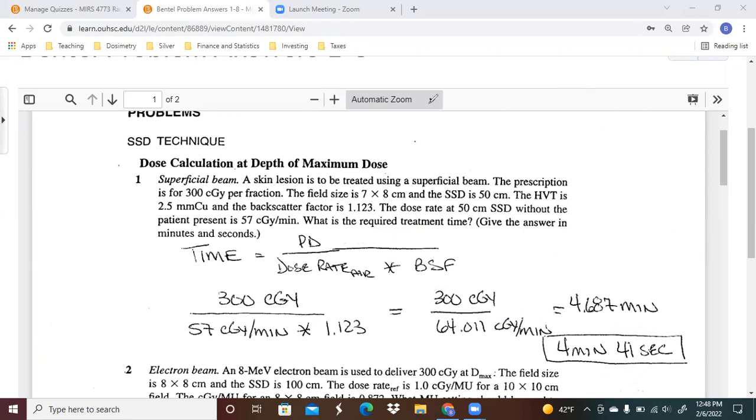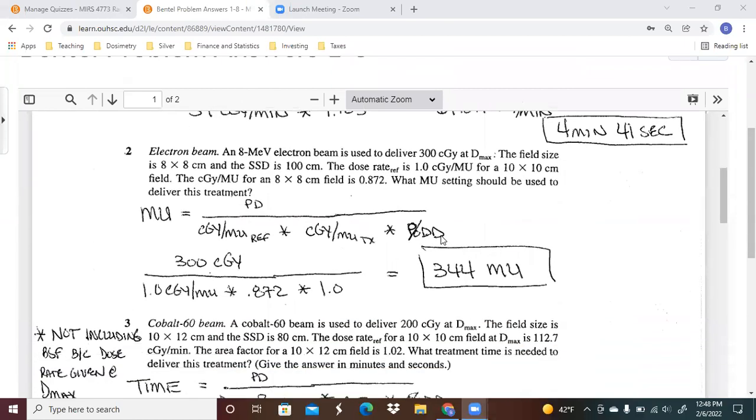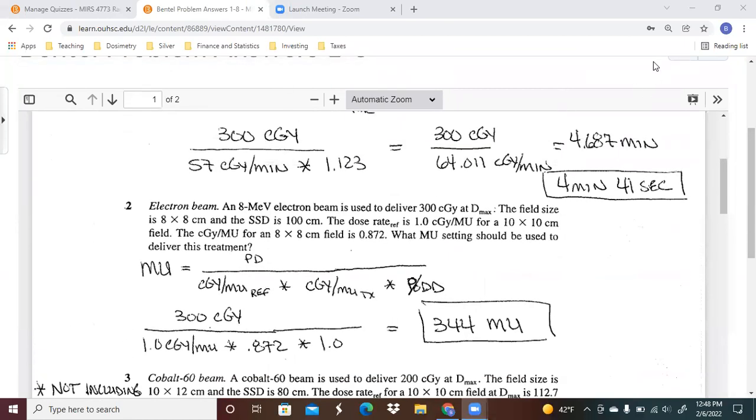Now let's go down to the electron beam and work through this one. We've got an 8 MeV electron beam, which I don't know if anybody ever actually uses an 8 anymore. I've heard of 6s and 9s, but not an 8. An 8 MeV electron beam is used to deliver 300 centigrade at D max.